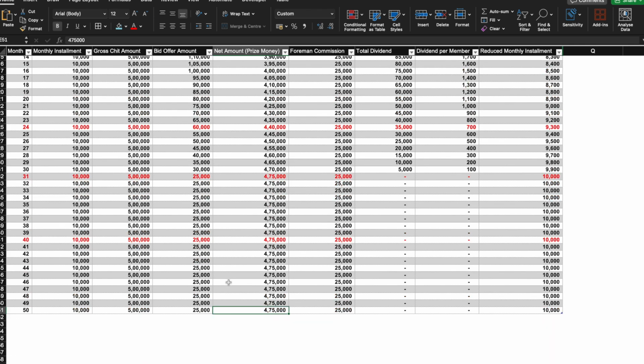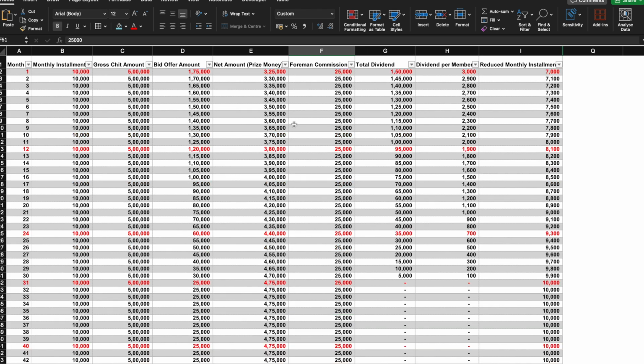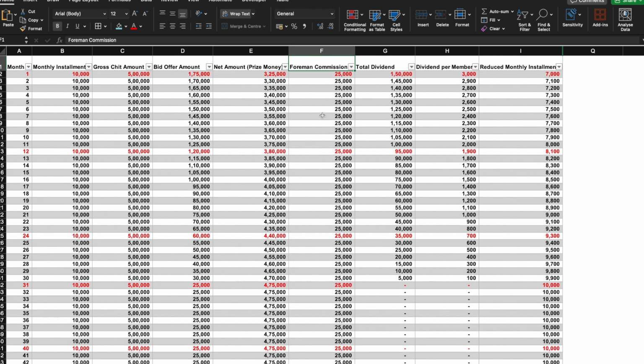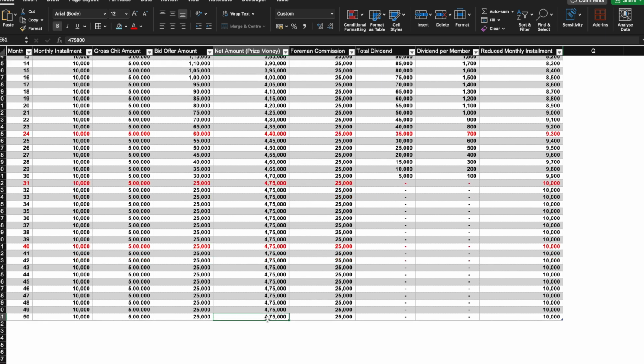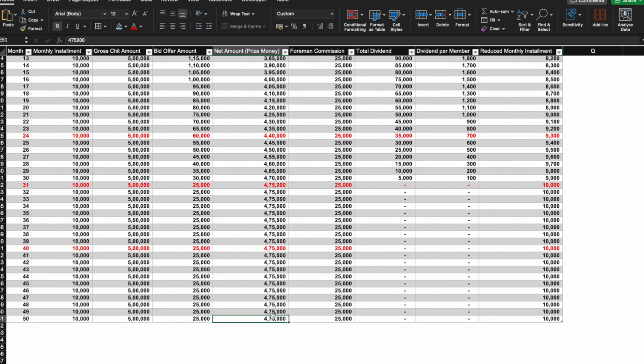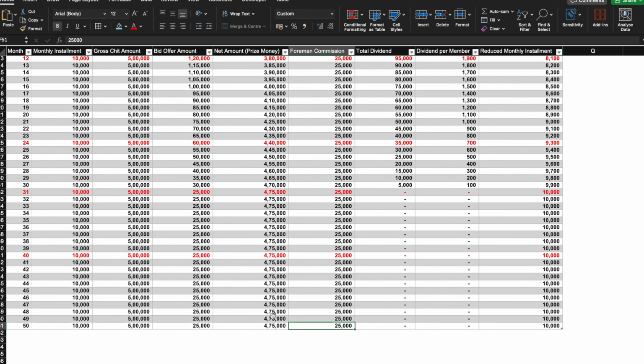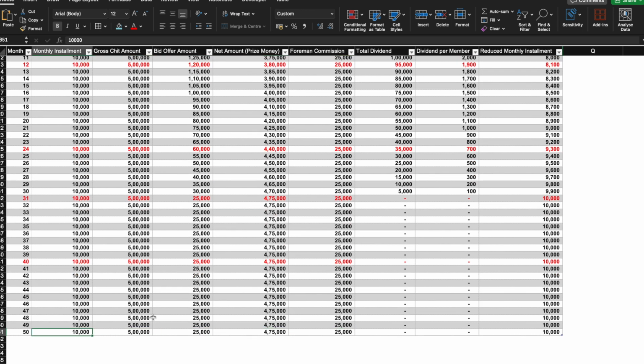The interesting part I have been saving up till now is that when the foreman commission is taken at 5%, the bid always starts from 5%, which already covers the foreman's commission. So even if you are the last person, you are entitled to bid starting at 25,000, making your loss 25,000. Then you will be getting 4,75,000.